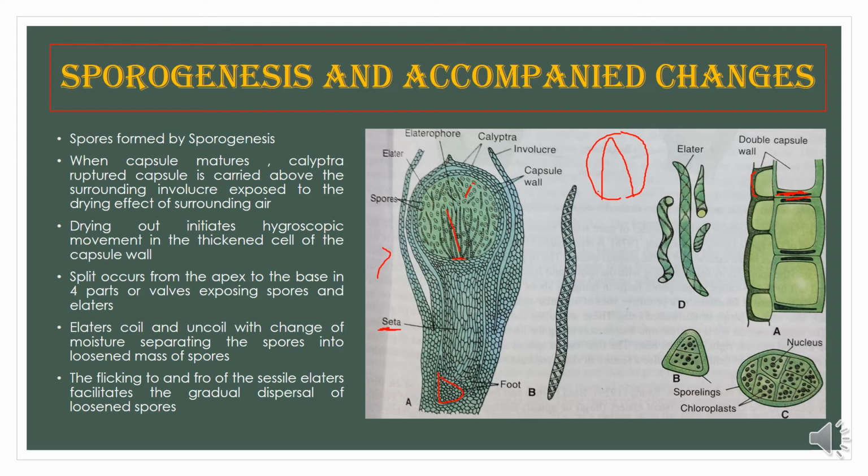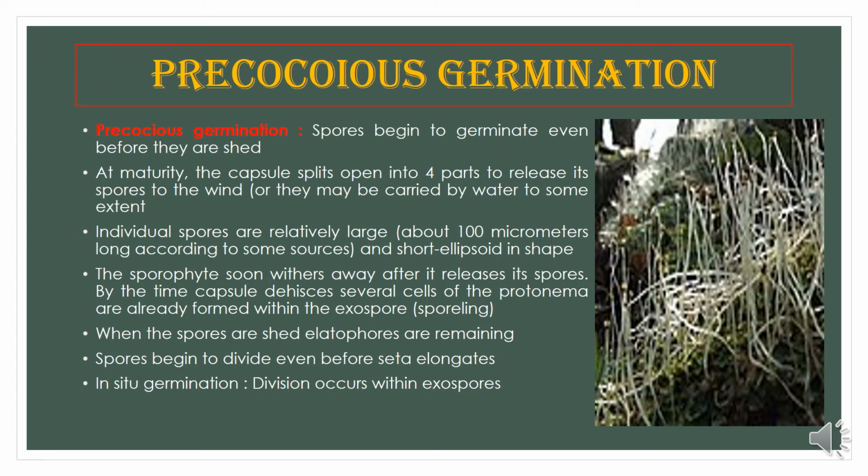Note that one of the characteristic features of Pellia is that the spores start germination even before the capsule is ruptured. So practically the spores are not liberated, but the sporelings inside the capsule are, and this is called precocious germination. This type of germination is also very common in the mangroves.